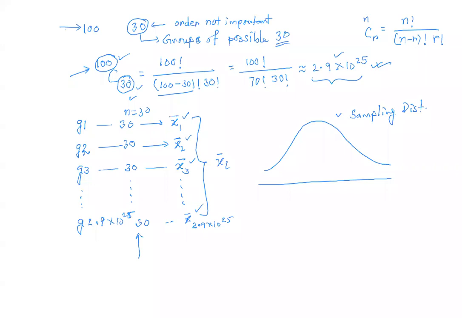So the sampling distribution is the distribution of sample means, or averages, right, for a particular sample size.